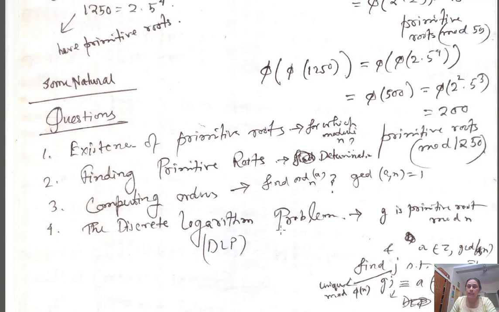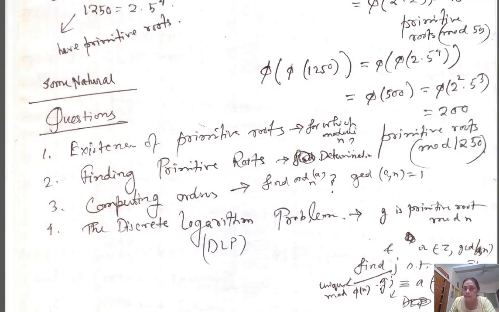It says that if G is a primitive root modulo n and A is some integer such that GCD of A and n equals 1, so G is a generator of Zn star and A is any integer, you have to find this J such that G to the power J is congruent to A modulo n.